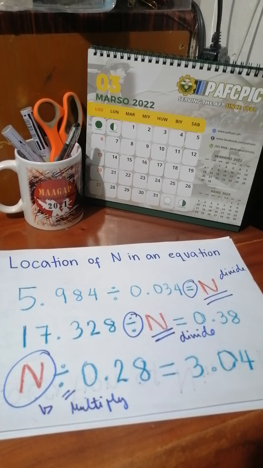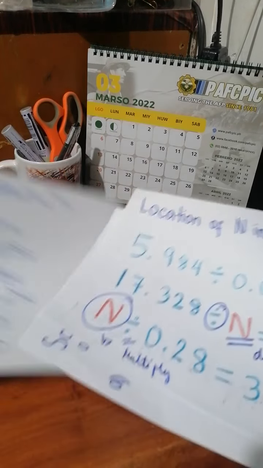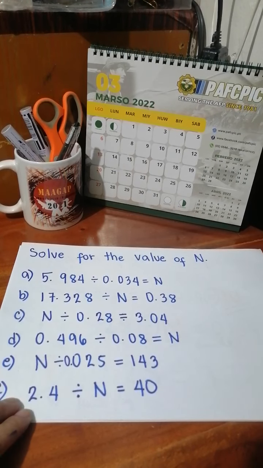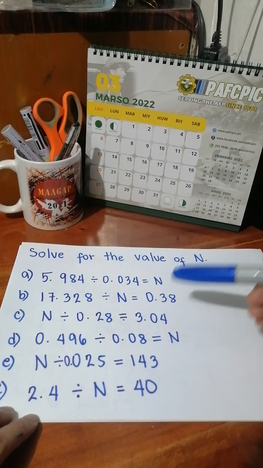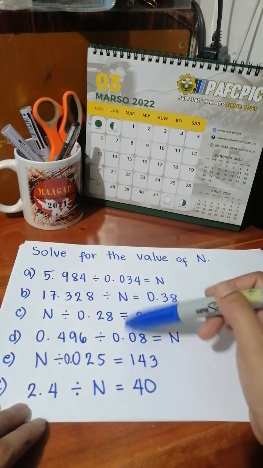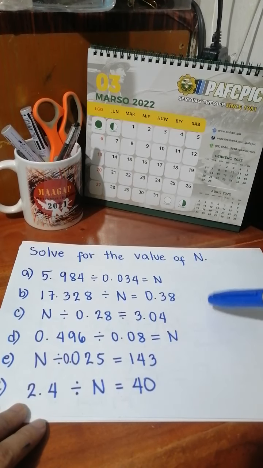Okay? So, to better understand kung ano yung mga sinasabi ko, let us try to look at the different examples. Just like what I told you a while ago, we cannot say that since the operation given here is division, we need to divide everything here.